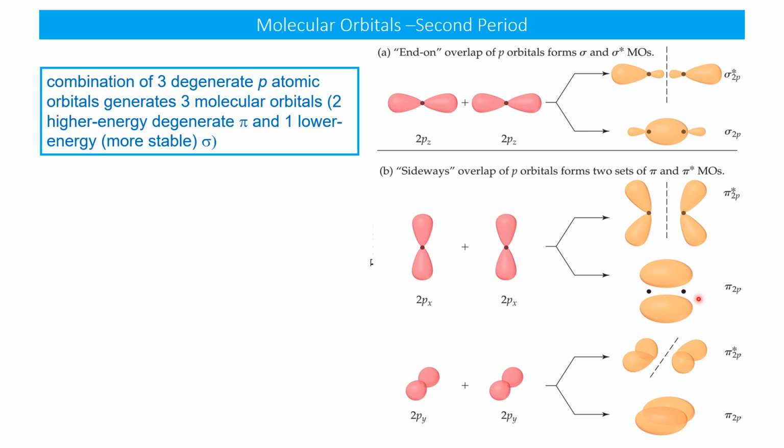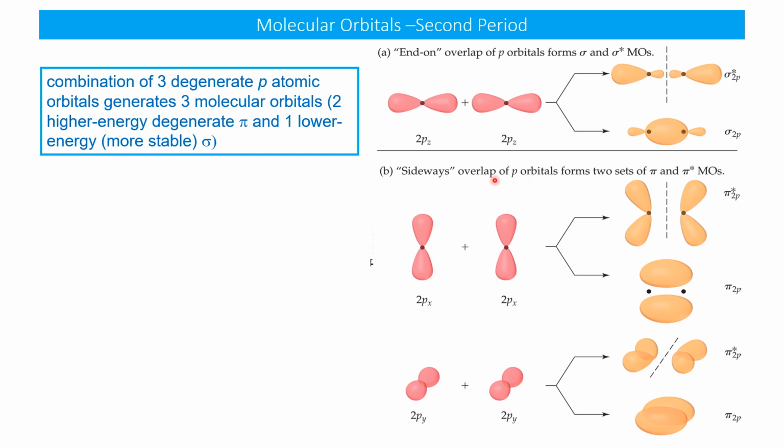And herein we have the pi bonding and the pi anti-bonding orbitals. Now realize this, both these two sets of atomic orbitals are degenerate. So this pi 2p generated from the py's is equal in energy to this pi 2p generated from the px. The only thing is the plane is different.